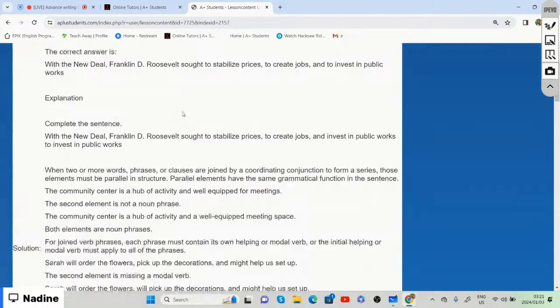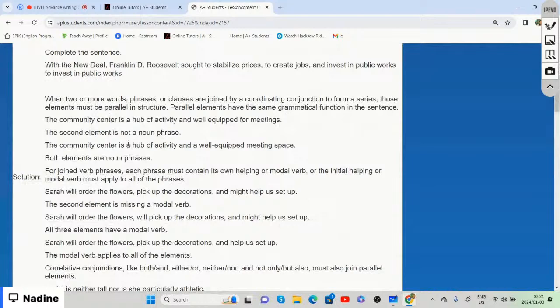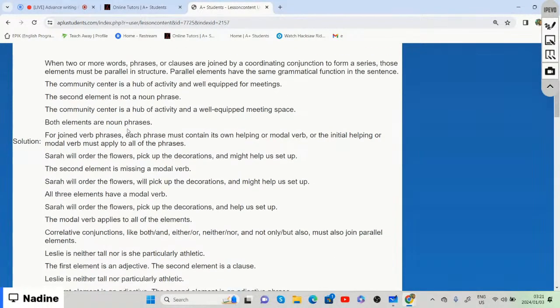So basically, what I've noticed here with parallel structures is that either you add certain words and it becomes a specific phrase, like a noun phrase or verb phrase, or you just leave the structure of the sentence the same. For example, here where it says the community center is a hub of activity and well equipped for meetings, the part that says well equipped for meetings is not a noun phrase.